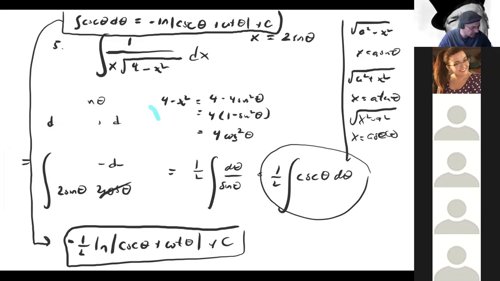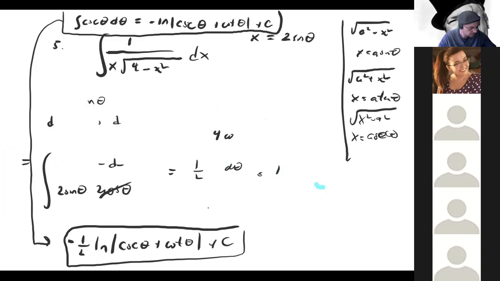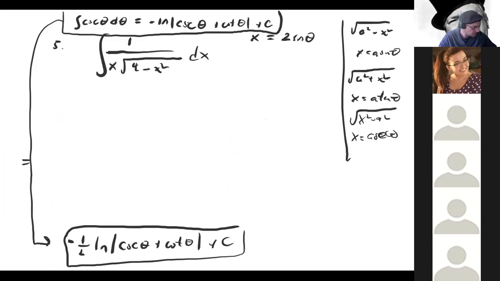We have to figure this out, obviously, right? Okay, so our substitution was, recall, x equals 2 sine of theta. That's the key thing here. We have to figure out what cosecant theta is, and what cotangent of theta is.